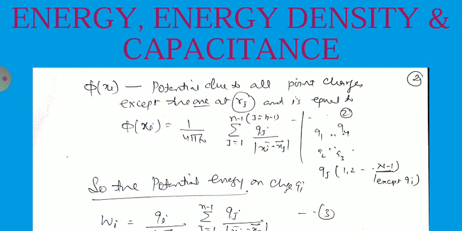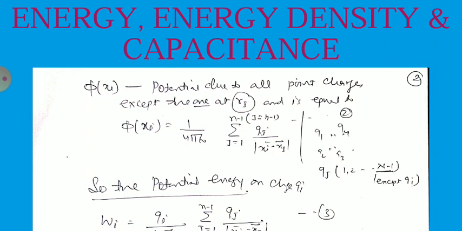Here phi(xi) is the potential due to all point charges except the one at xi, and we know very well that V equals kq by r, where k is 1 by 4 pi epsilon naught, and q is the sum of all charges, from j equal to 1 to n minus 1.